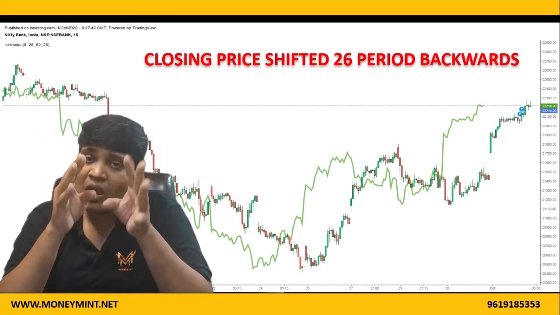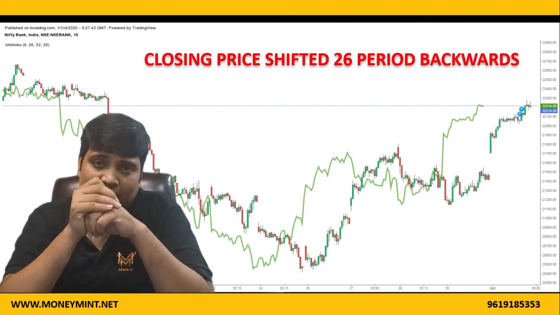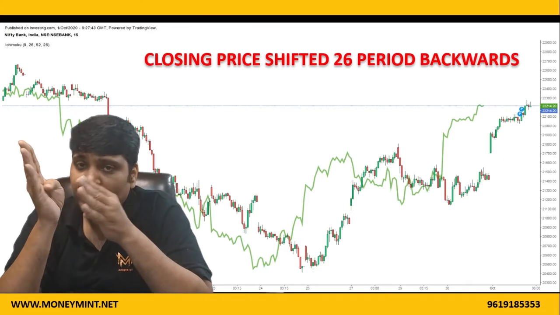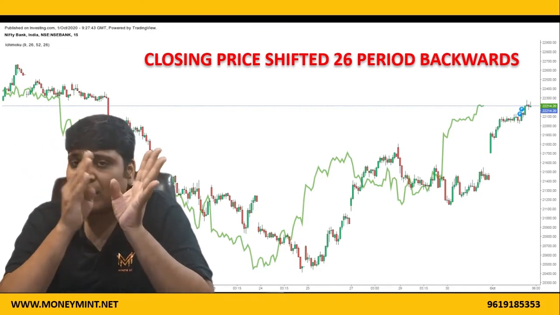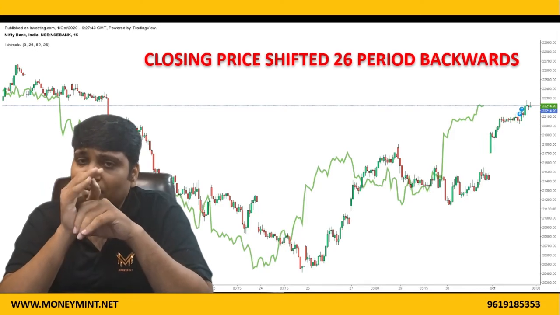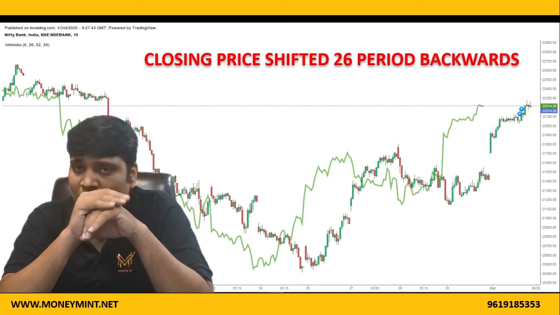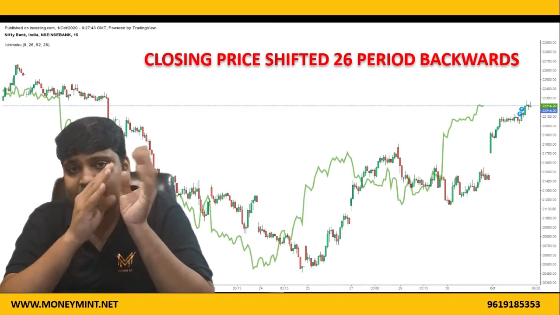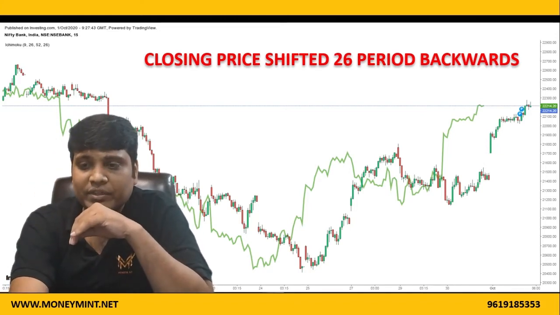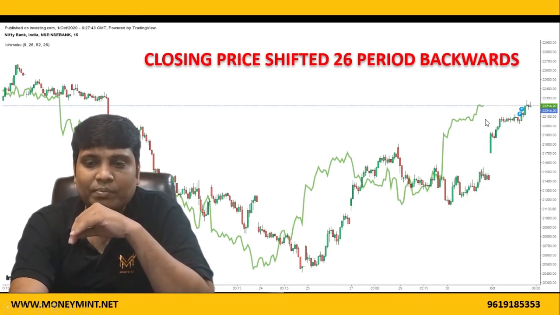So what is the importance, and how to use this line? When the Chikou span line is used, if before 26 periods it is above the price, that shows the market is bullish. If before 26 periods the Chikou span is below the price, that shows the market is bearish. So here, when the price is here, we find the Chikou span line above the price.